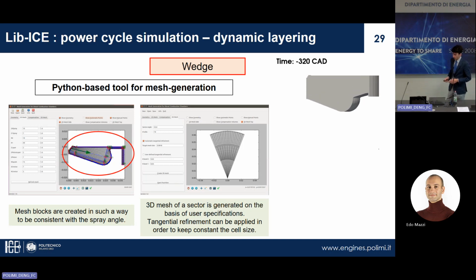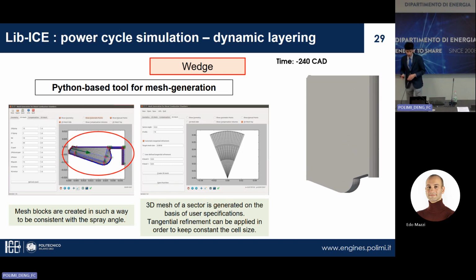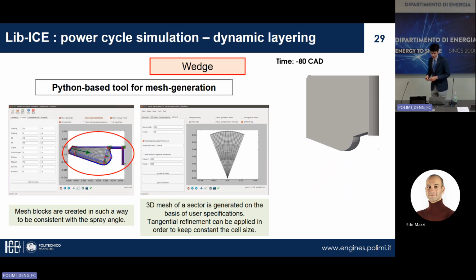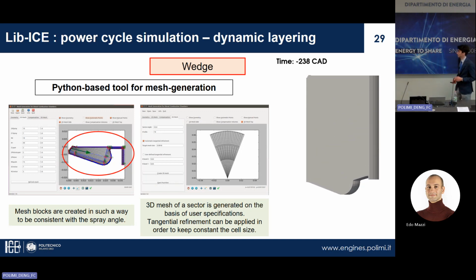Then you can select the angle you want to use for the wedge, and there is also the possibility to apply some tangential refinement to try to keep the cell size as constant as possible. And then there is the piston motion, using the technique of dynamic layering.